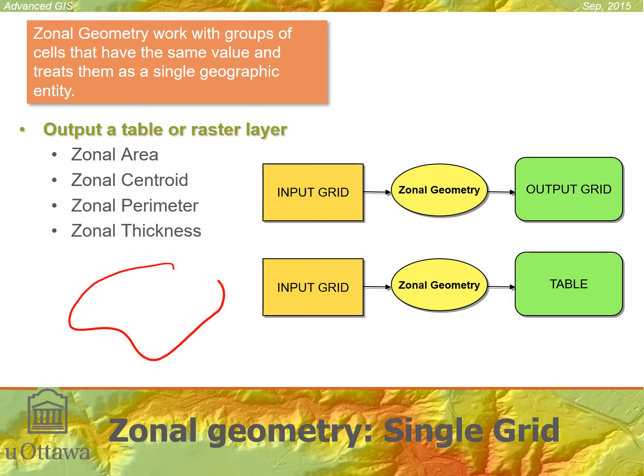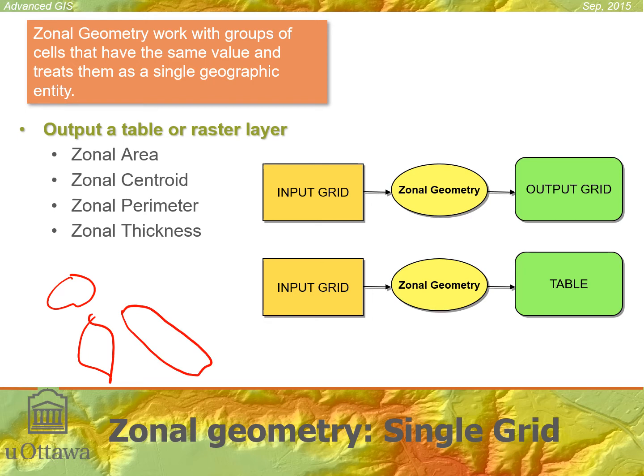Thickness being, if we have a zone like that, well, the longest axis in here might be that, so that might be the thickness of each zone. Just using one region here to illustrate that. It's hard with multiple ones to figure that out, obviously. If you have this one, and that's all one zone, how do you figure out the thickness of that zone?